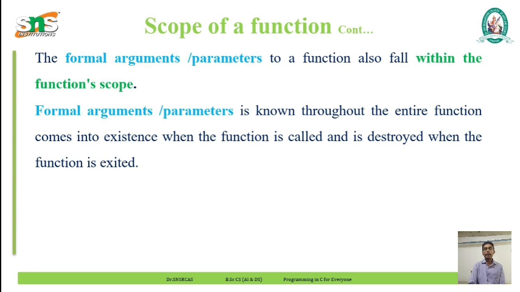Formal arguments or parameters are known throughout the entire function, come into existence when the function is called and are destroyed when the function is exited. Even though they perform the special task of receiving the value of the arguments passed to the function, they behave like any other local variable.